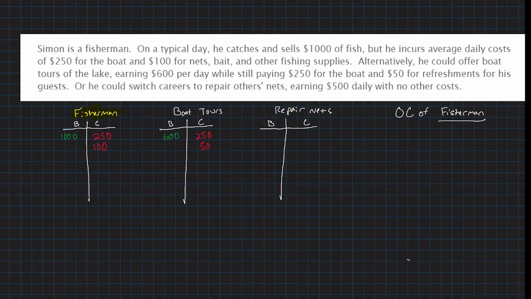And then finally, he could repair nets and make $500. Okay, so here we have our different options. So we're looking at the opportunity cost of being a fisherman. We'll just put that down here.